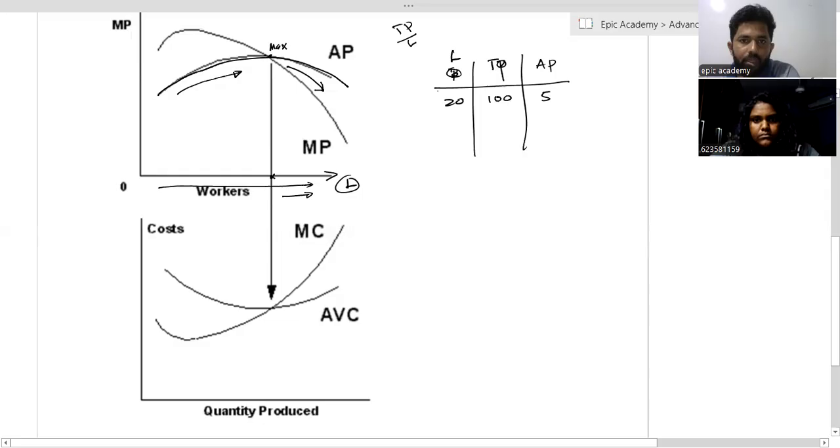That means in this position, 20 workers are there, and their total production is 100. One worker produces 5 commodities. That's the meaning of average production.